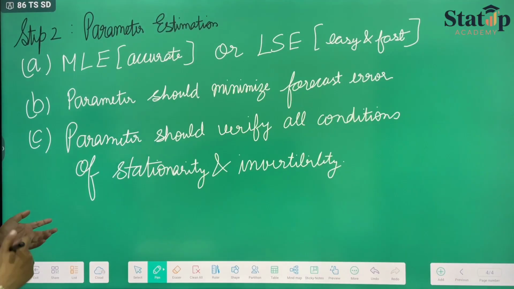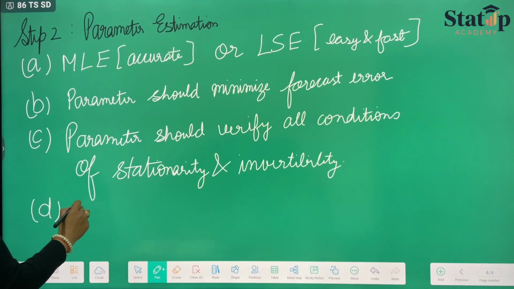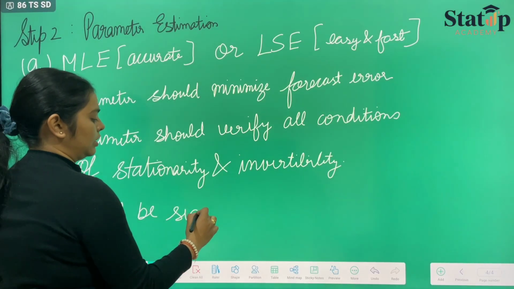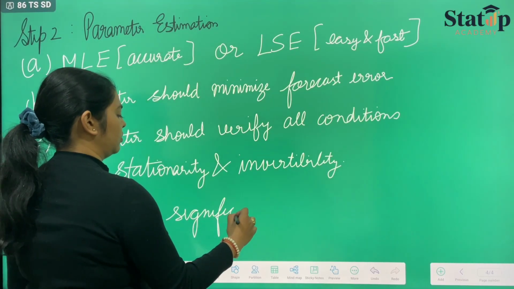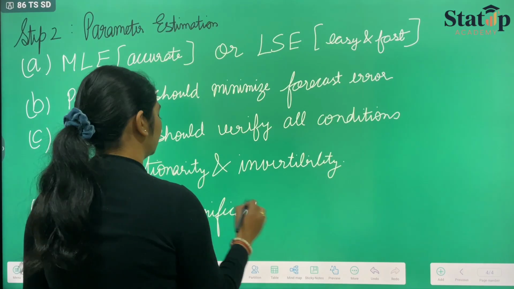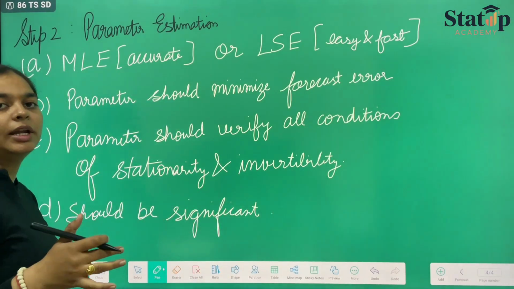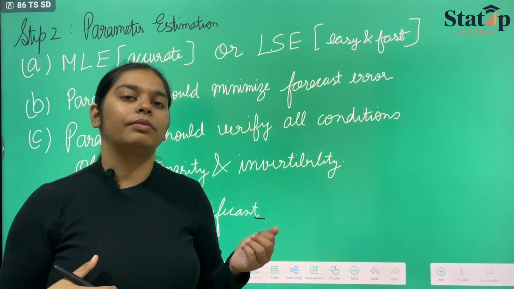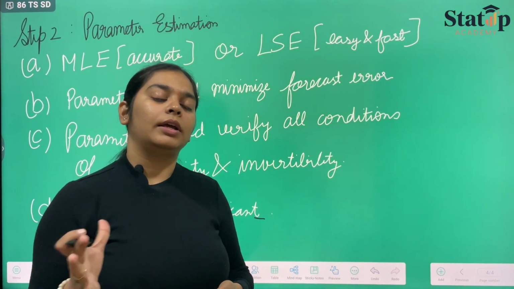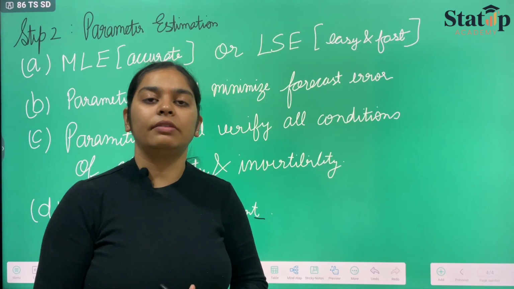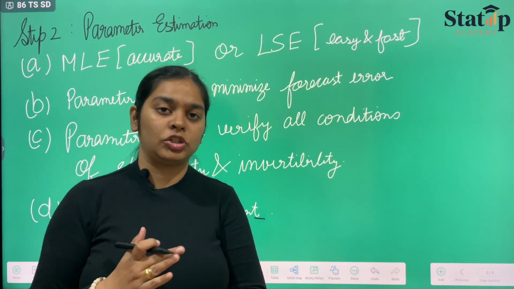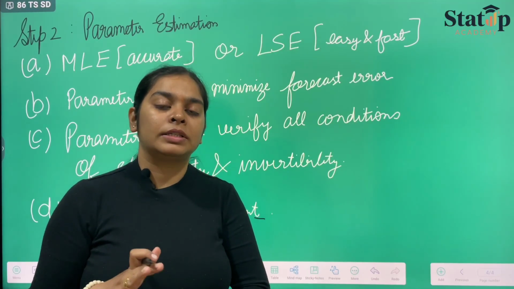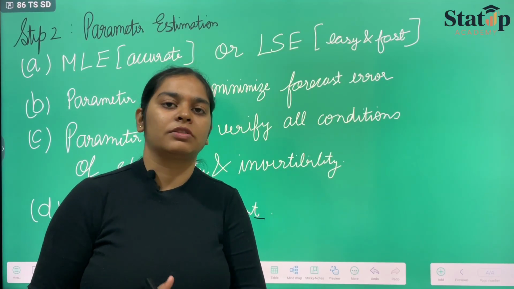And the parameter should be significant. So this was our step in which we have to estimate the parameter. Like we did in econometrics, first of all we estimate the parameter and then we check whether the estimated parameter is correct or not, or is giving us more benefits than the previous one or not.